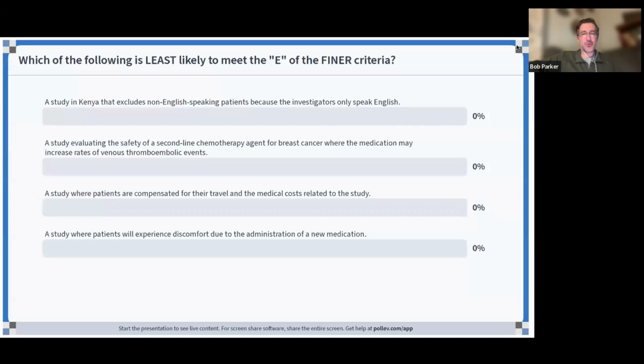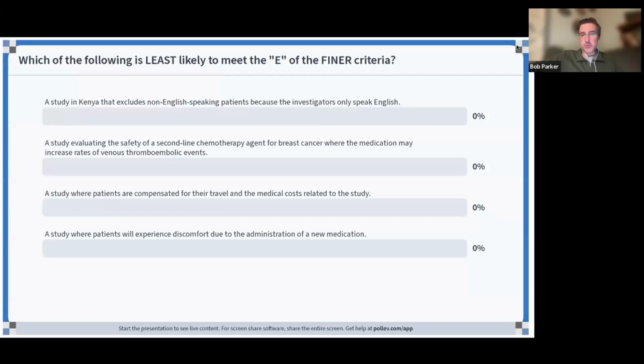There's more questions there, though, right? We need to learn more. Same thing with a study where patients are compensated for their travel and their medical costs related to the study. That could be unethical if that compensation exceeds their travel. For example, you're coming from Narok to my hospital in Bomet, and I cover your travel, including airfare, where I might coerce someone to enroll in my study. So we've got to be careful about compensation.